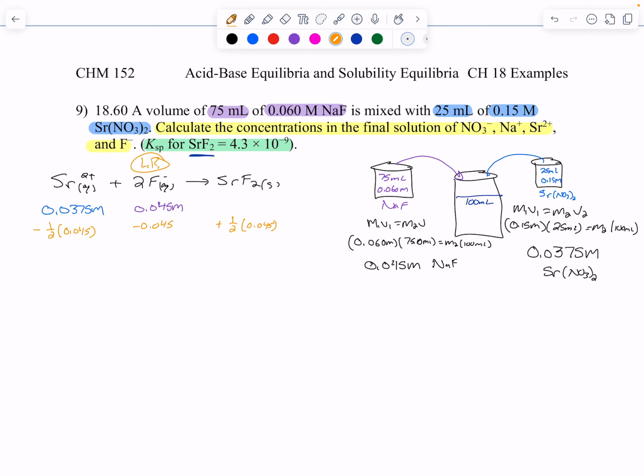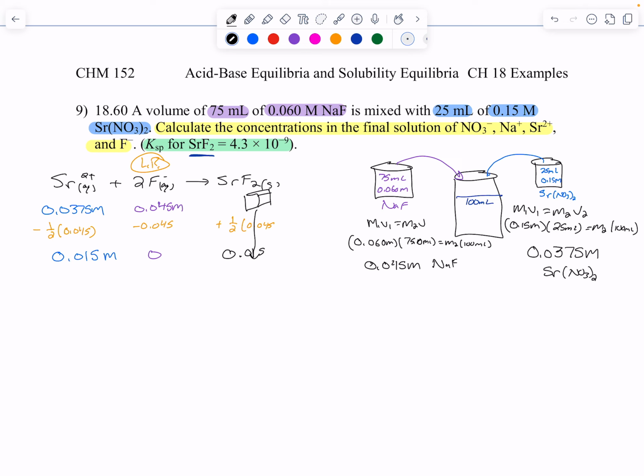All right, and so 0.0375 minus half of 0.045, I get 0.015 molar, nothing, and 0.015, which is a solid, so we really don't care about this.